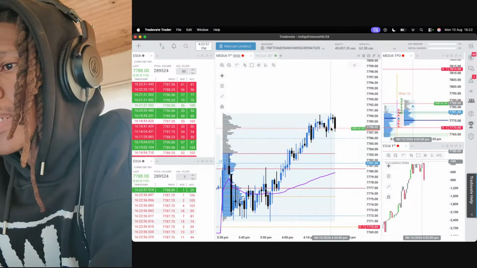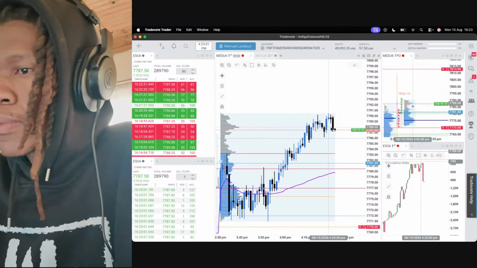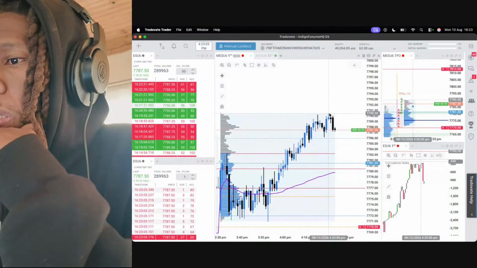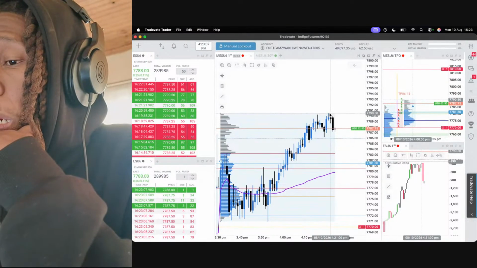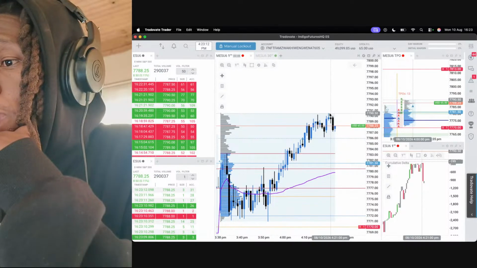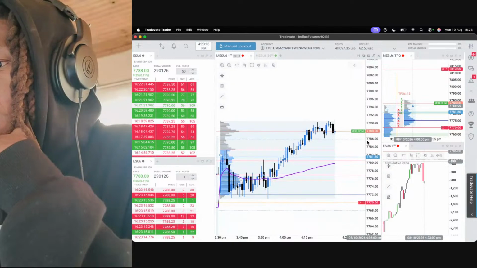Okay, so this is initial balance high now, right? Well, shifting initial balance. But 800s do look like they are on the cards.